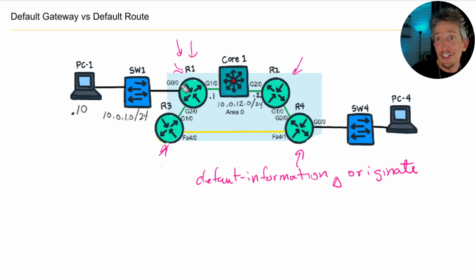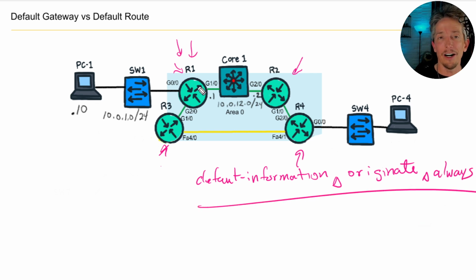R1's like, okay, I get to bring in a default route. But if R1 doesn't have its own default route, it's like lying. Like, why would I tell everybody I have a default route when I don't have one? So we're going to tack on this option called always. So that command right there says to R1 basically this.